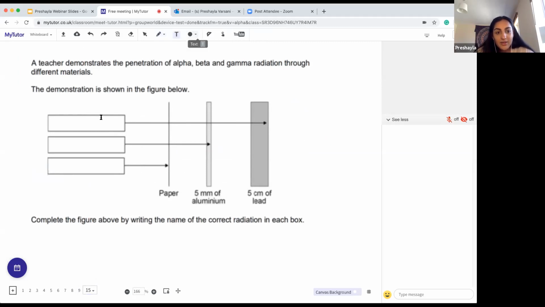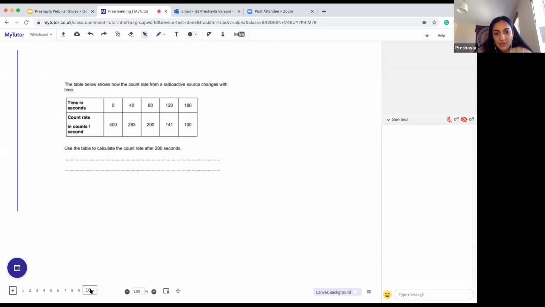Hopefully we know that gamma passes through all of them and only gets stopped by lead. Beta passes through the paper but gets stopped by the aluminium. And alpha gets stopped by the paper. So this is all to do with the penetration of the radiations. Gamma penetrates the most.